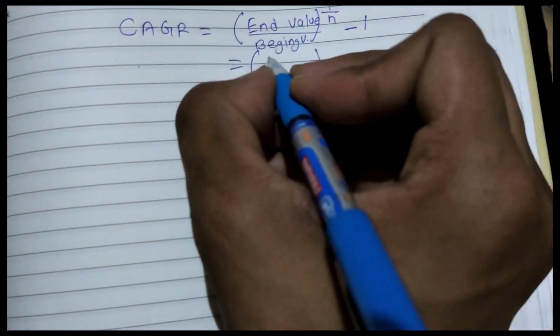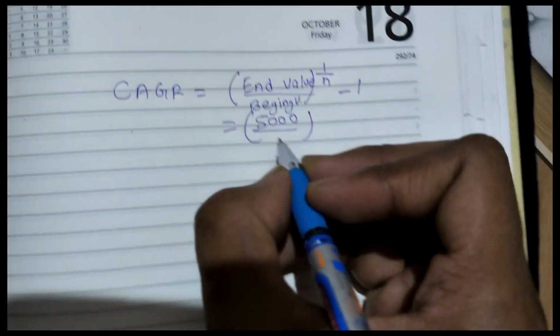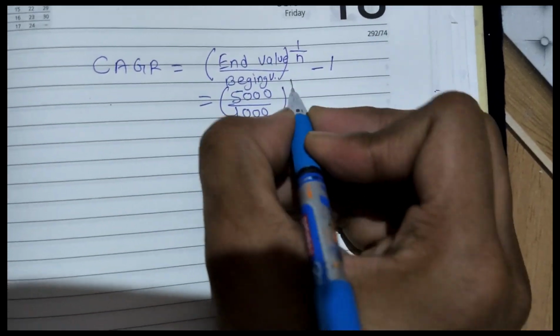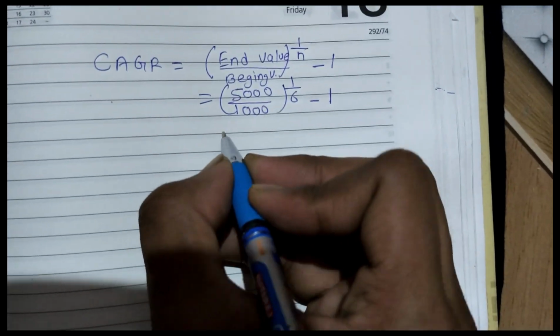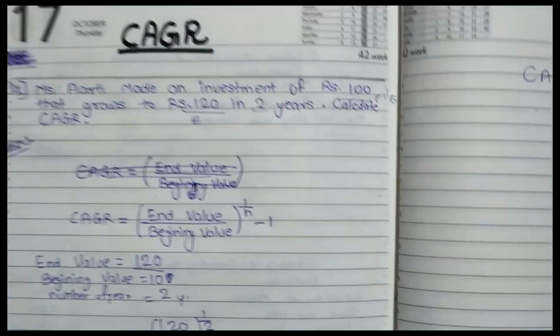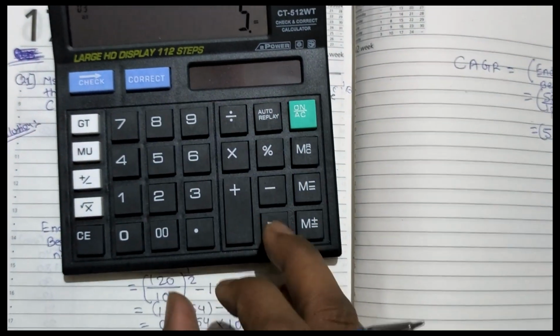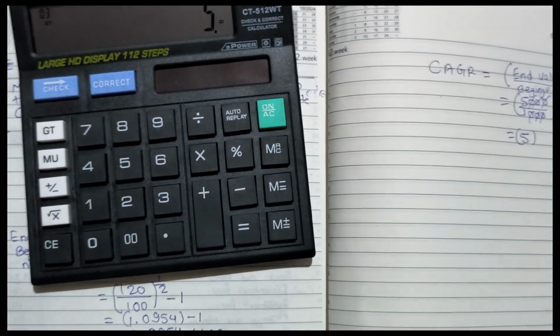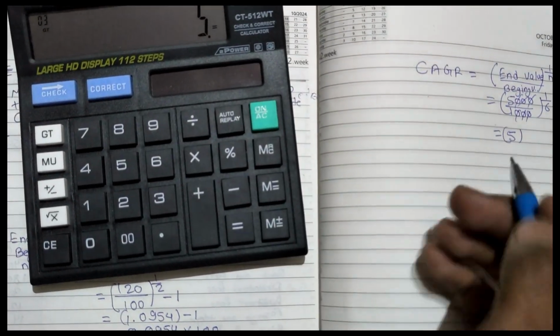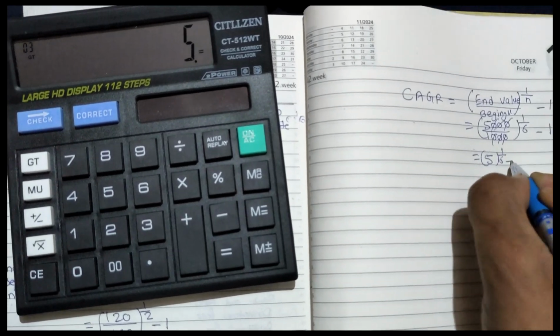You got the end value is rupees, then 5 over here, and after the 5 what remains is 1 divided by 6, minus 1.